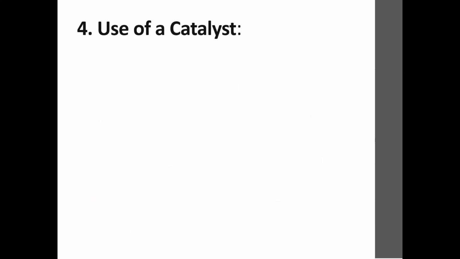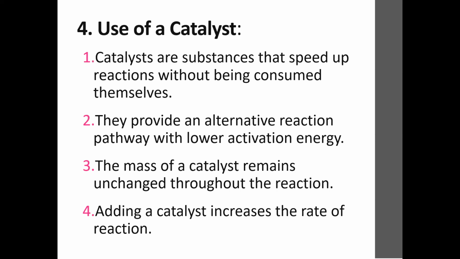The fourth factor that can affect the rate of the reaction, that can speed up the reaction, is the use of a catalyst. Some reactions cannot proceed without a catalyst. They need a catalyst to start the reaction. What are catalysts? Catalysts are substances that speed up the reaction without being consumed themselves. So we add this catalyst.